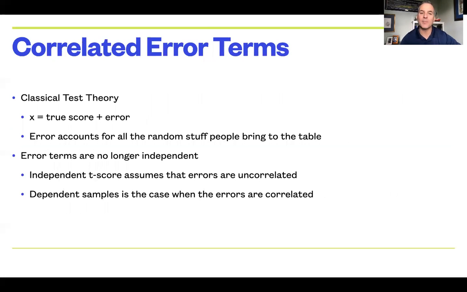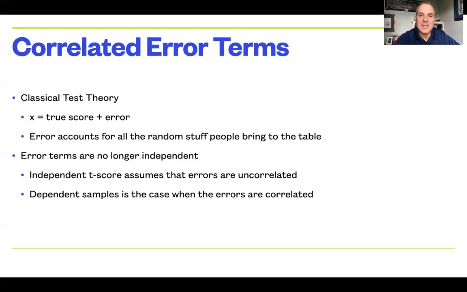And so we no longer have that independence of our two samples; they're related in some way. And this is important because of the idea of correlated error terms. In classical test theory, we have the idea that X, which is our score on any particular variable, is the sum of the true score, the big T truth, plus some error term. Error accounts for all of the random stuff that contaminates our measures, that people bring to the table.